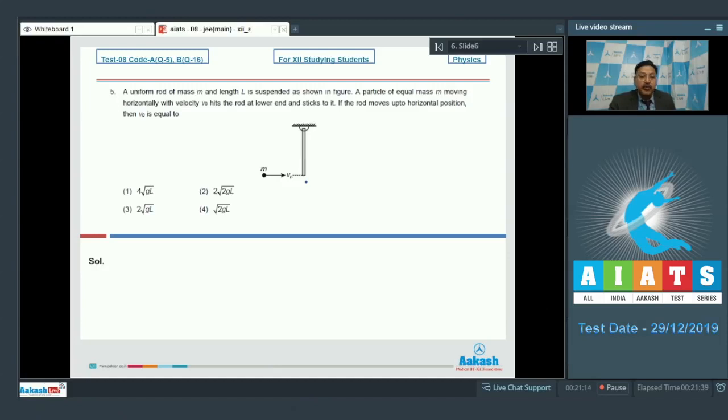The mechanical energy before collision will obviously not be equal to mechanical energy after the collision, but once the collision has happened, subsequently the mechanical energy of the rod and the particle system is going to be conserved.